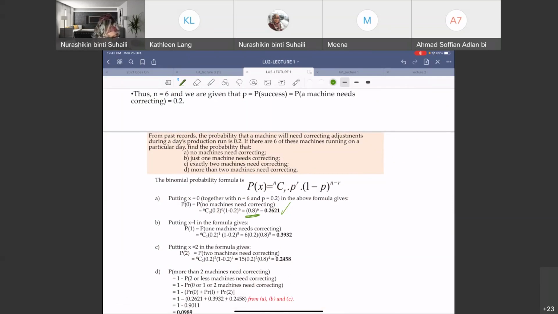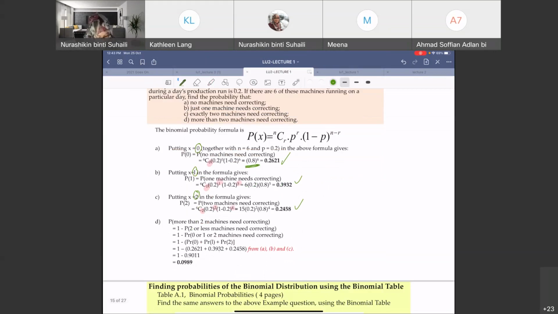Like from here, this is 0; for the second this is 1, and n minus r is 5. For the third, it is 2. That's the difference, and that's how you get these values, because you're just changing the r value. Now the third question, the fourth question.